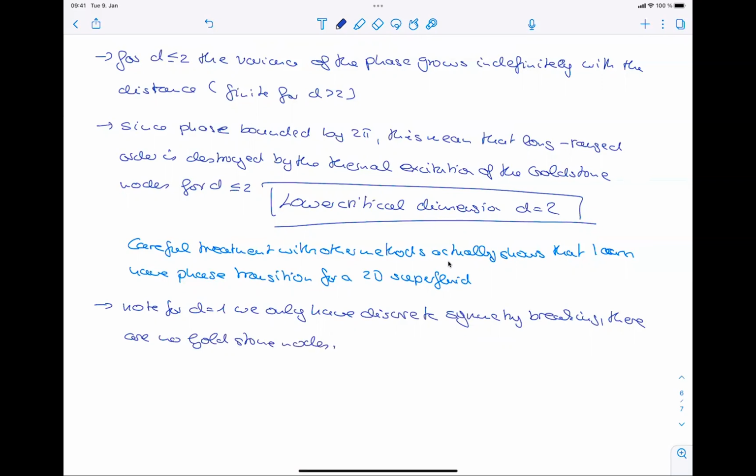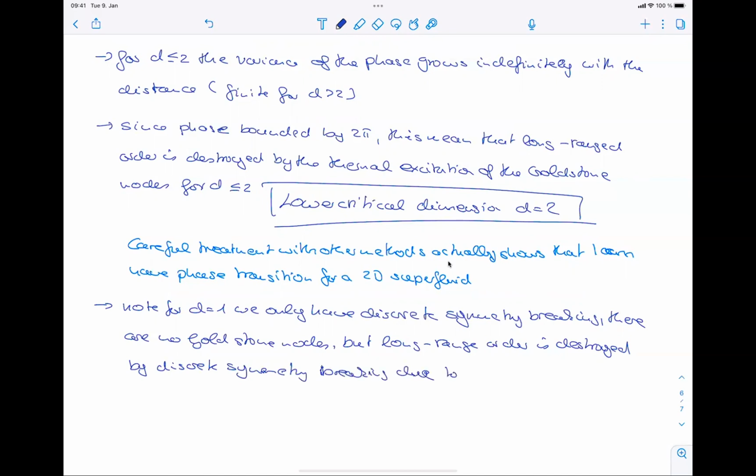But long-range order is also destroyed by domain boundaries.